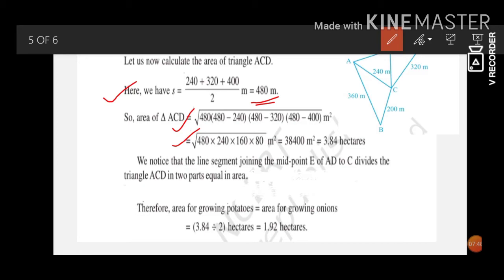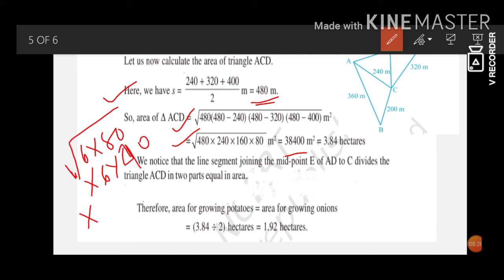All these numbers have square roots. If we break it, we can write 480 as 6 into 80, 240 as 6 into 40, 160 as 4 into 40, and 80 as 80.